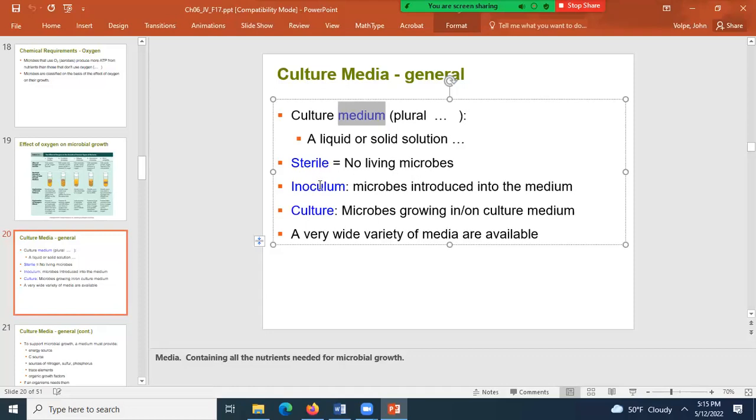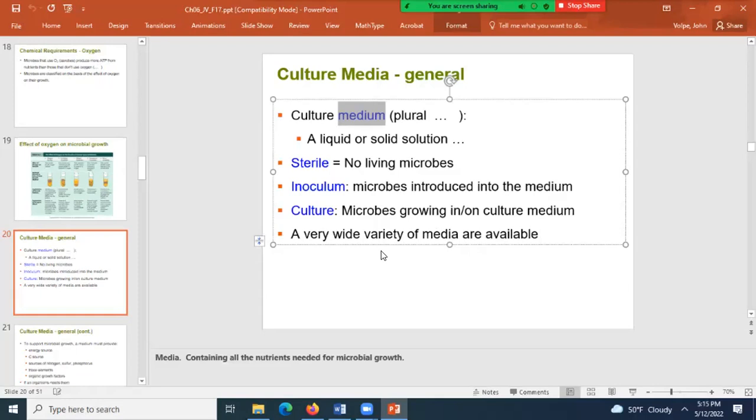An inoculum is when microbes are introduced into the media. The culture is what we call microbes growing in the medium. So if you spill the culture, that means you're spilling the media that contains microbes. There are a very wide variety of media available for microbiology.